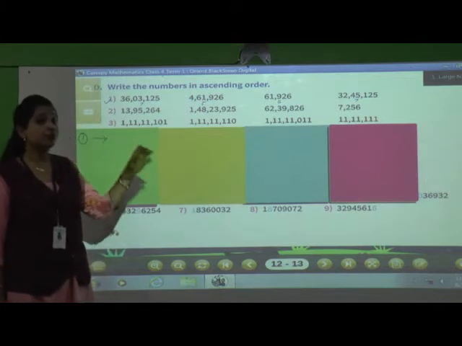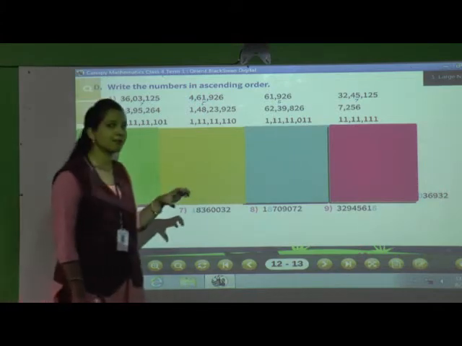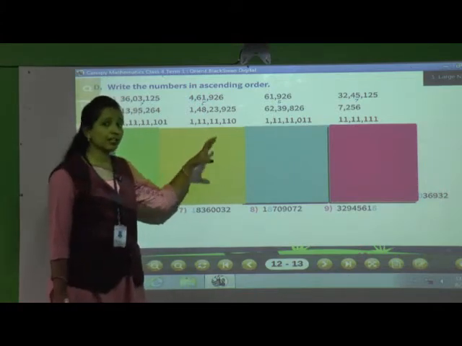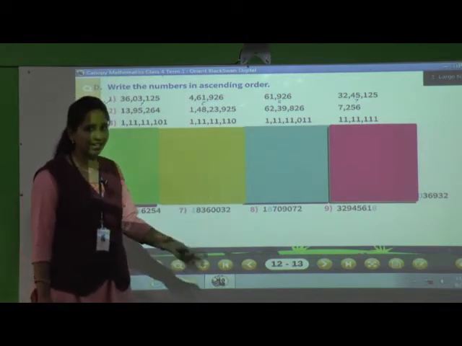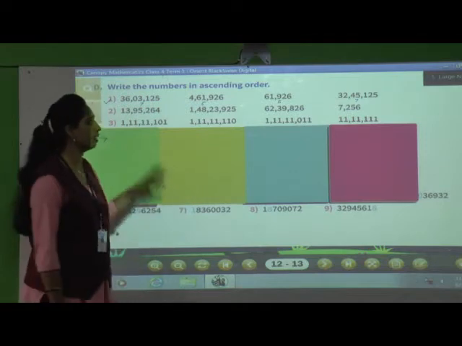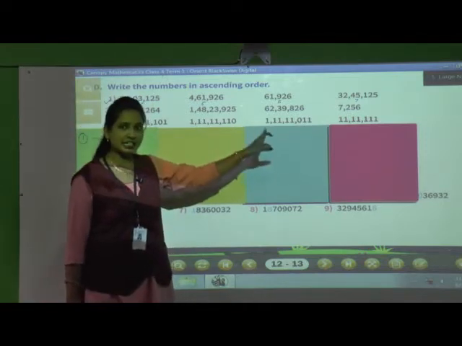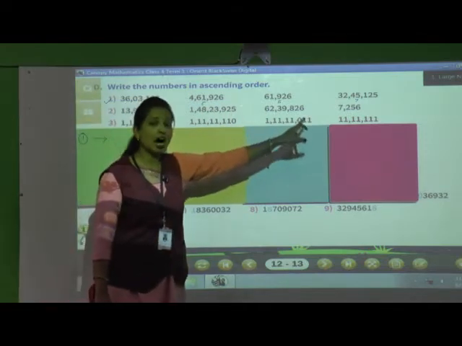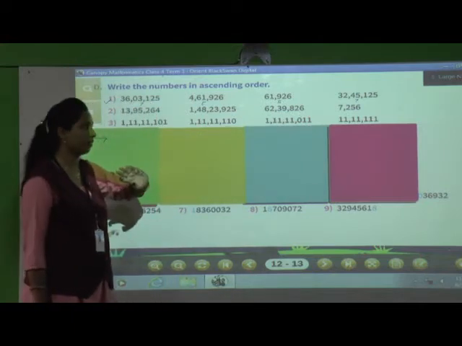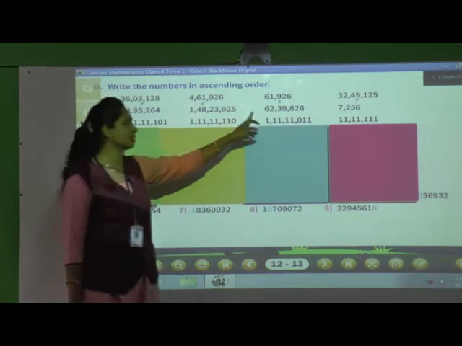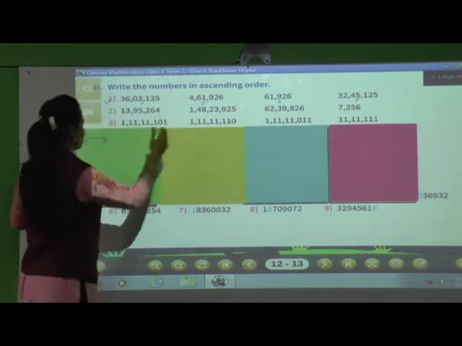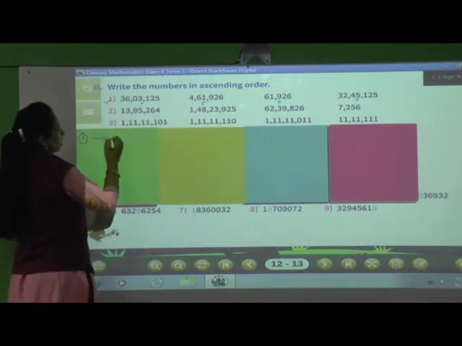Of course, to find the smallest number, fewer digits automatically means a smaller number. So we can identify it easily by how many digits they have given. Which is smallest among 5, 6, 7? The 5-digit number.